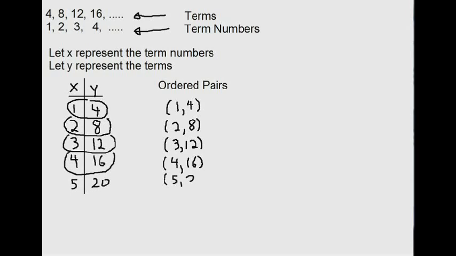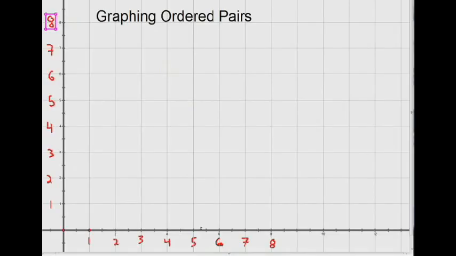So our x value is 5 and our y value is 20. So that's our ordered pair there. And hopefully you recognized that the equation here is y = 4x, which means we're taking the term number and multiplying it by 4 to get the term.